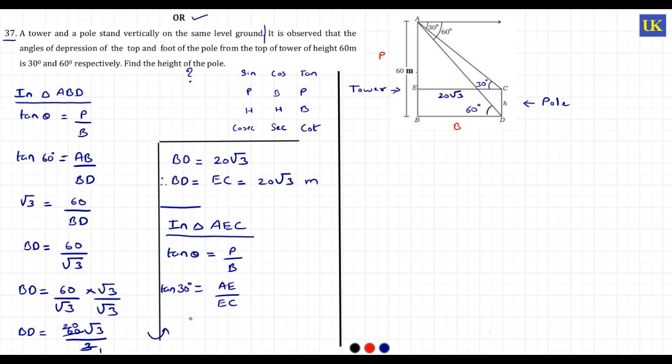So the tan 30 degree value we need to find from the table. It is 1 upon root 3, equal to AE, which is what we wish to find. We will keep AE as AE, and EC we have just found out, so it is 20 root 3. Now we'll cross multiply.